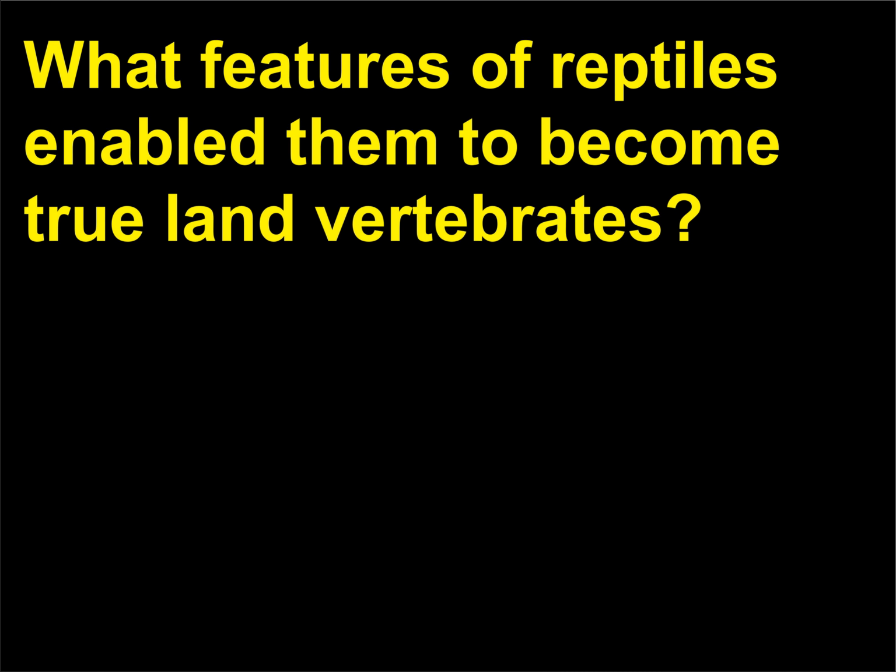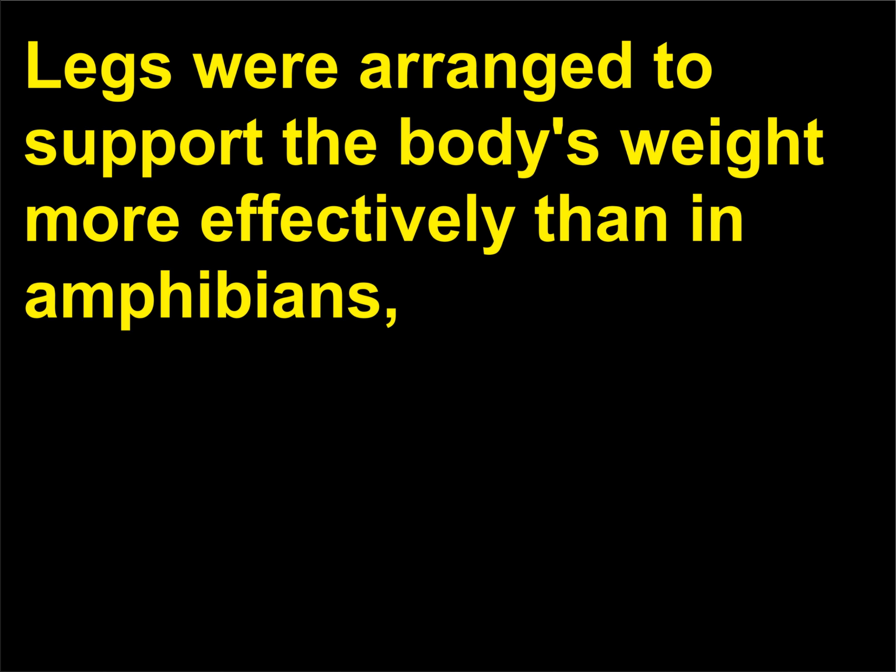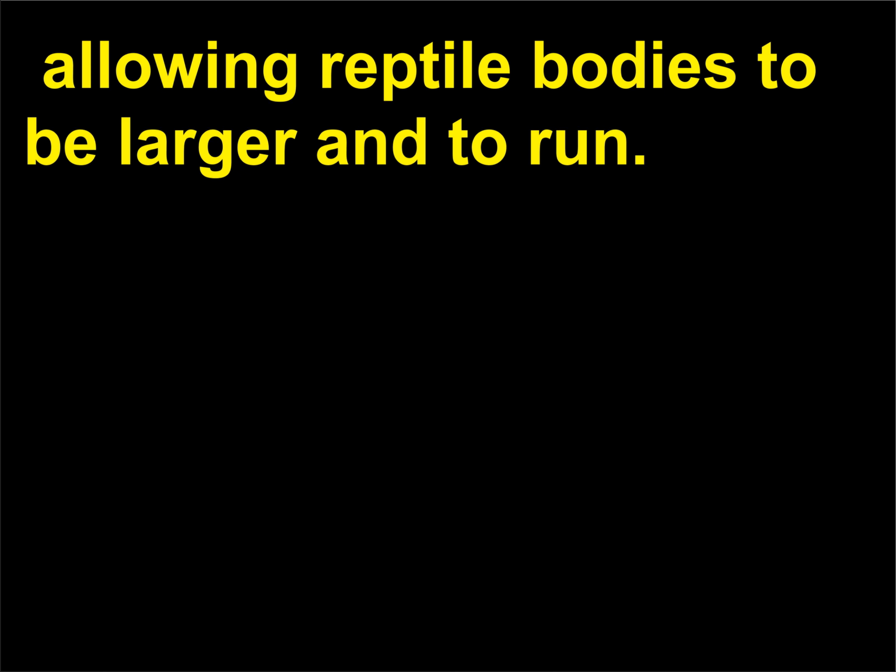What features of reptiles enabled them to become true land vertebrates? Legs were arranged to support the body's weight more effectively than in amphibians, allowing reptile bodies to be larger and to run.